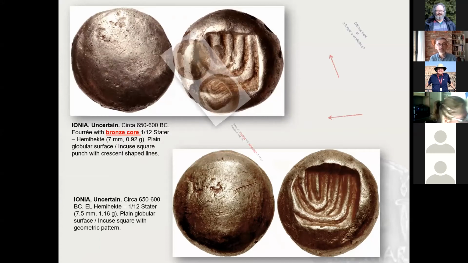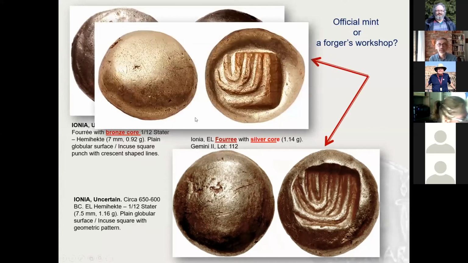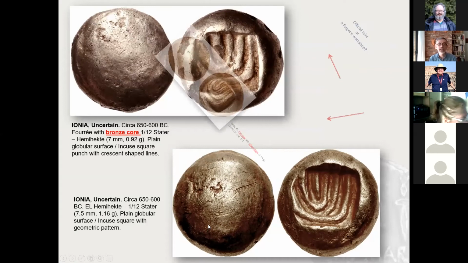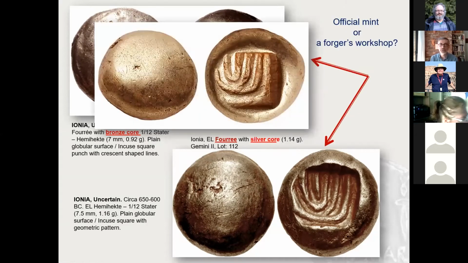And in this case, in the second example here, they plated a silver core with electrum. So the previous one has a bronze core or a copper core, and this is one with pure metal, but this one was first minted, I will say here, with silver and then plated with electrum.